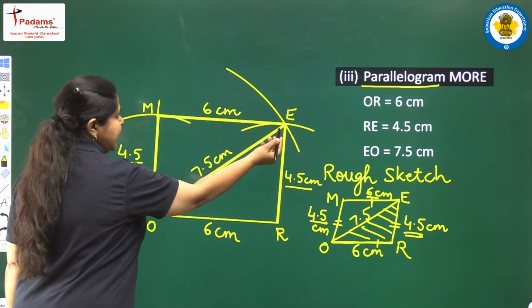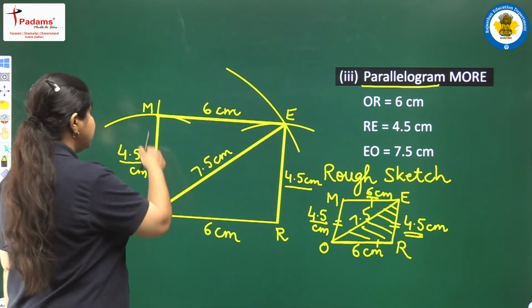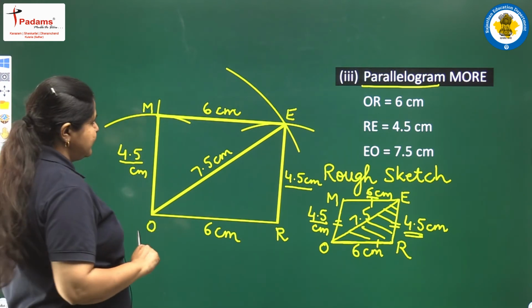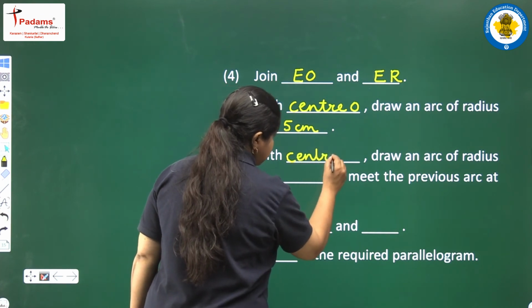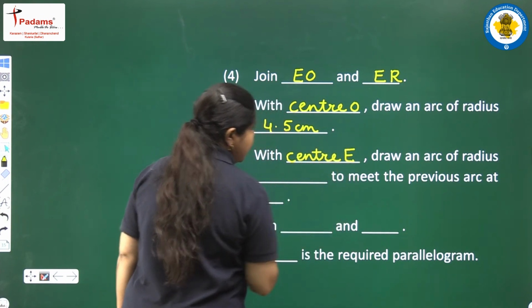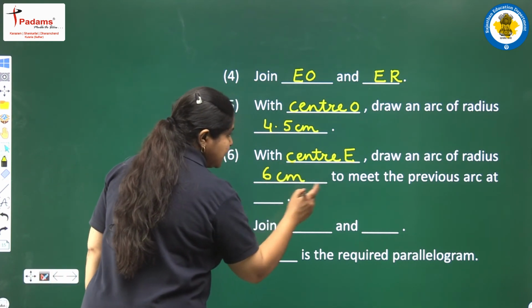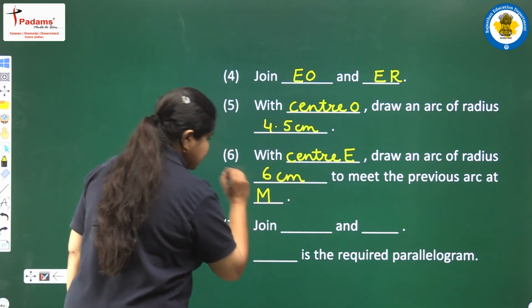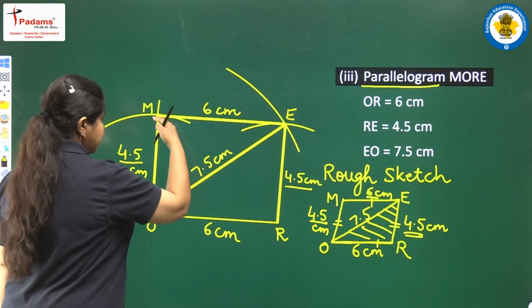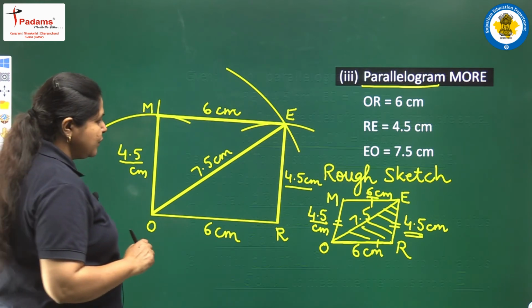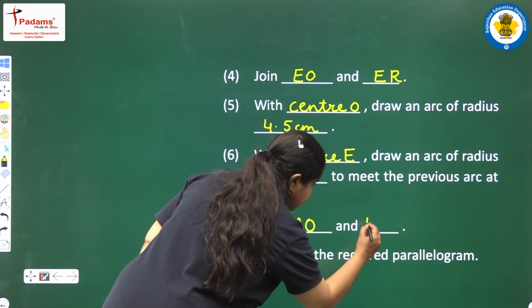With center E, draw an arc of radius 6 centimeters to give point M. So, we write it here with center E, draw an arc of radius 6 centimeter to meet the previous arc at point M. And then what next? We joined ME and MO. So, we will write it here, join MO and ME.